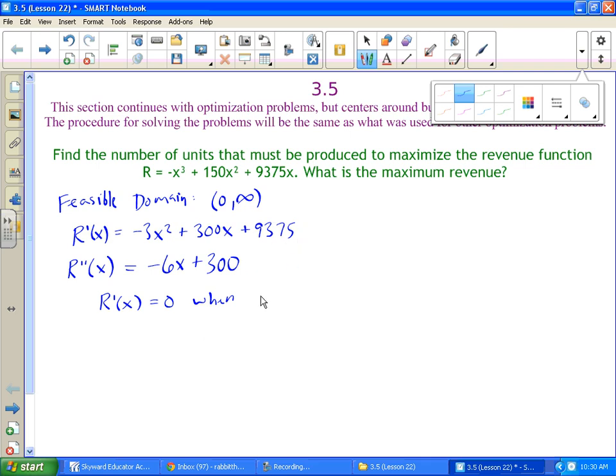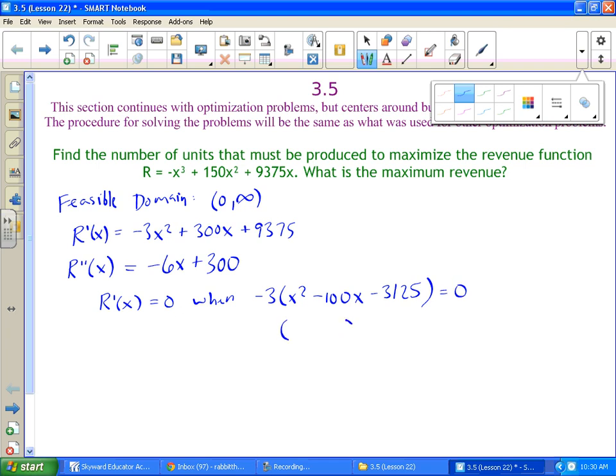Yeah, so 3 comes out of everything, so let's take a negative 3 out, so it's just positive x squared minus 100x. Taking a negative 3 out, 3 goes into 9 3 times, into 3 once, into 7 twice, and into 15 5. So the first derivative is 0 when this is 0.